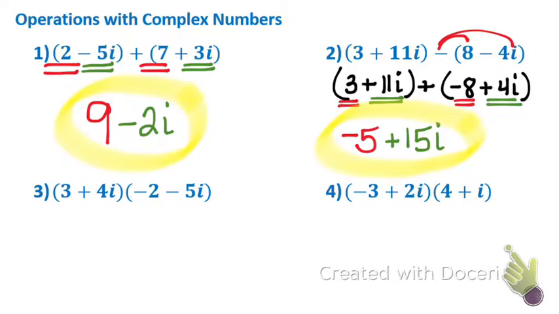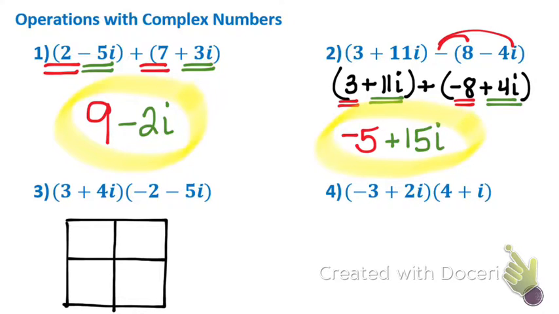All right, let's look at number 3. Because it's multiplication, and you're probably used to making a box, we're going to just make a box. So let's make our box. And now we're multiplying.